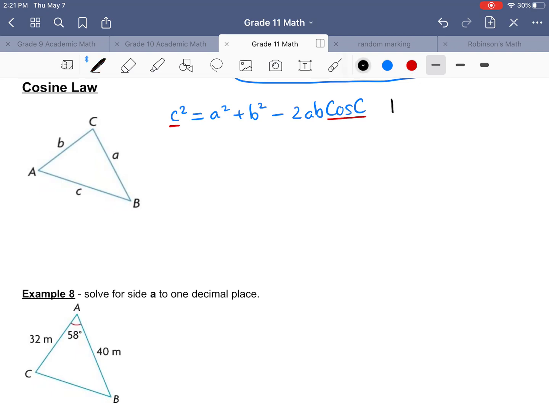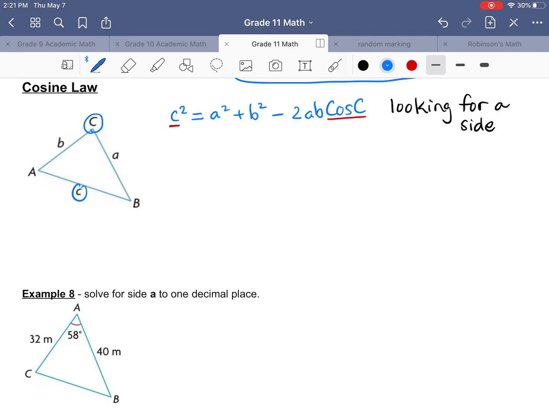So this is what we use when we're looking for a side. And notice that angle C and side C are across from each other.